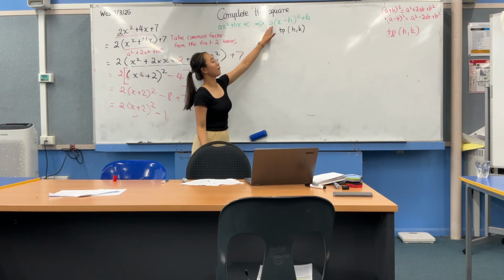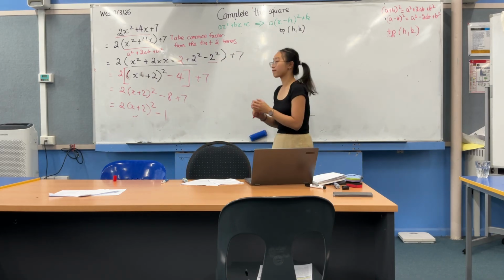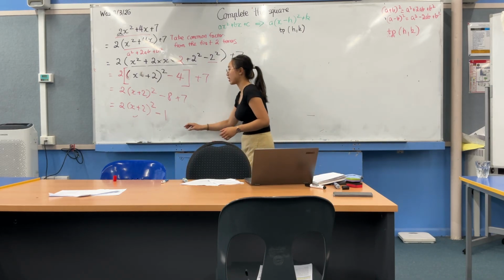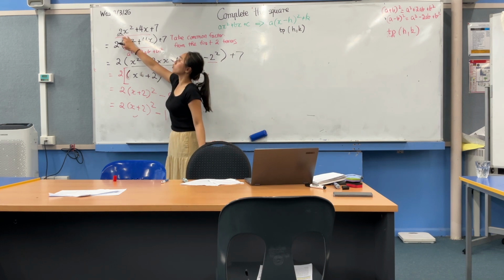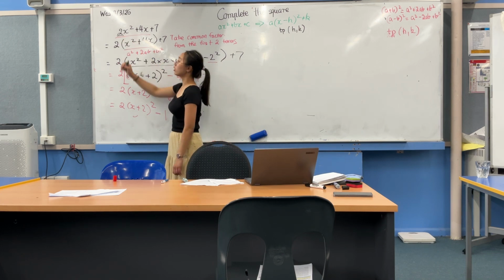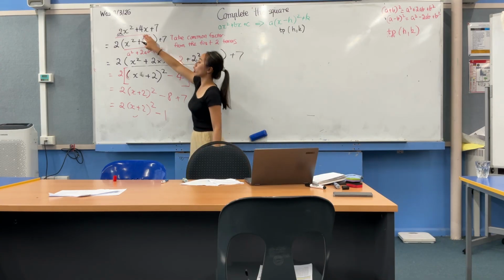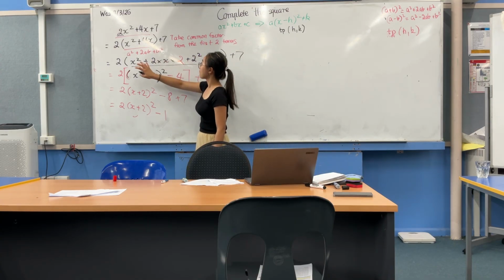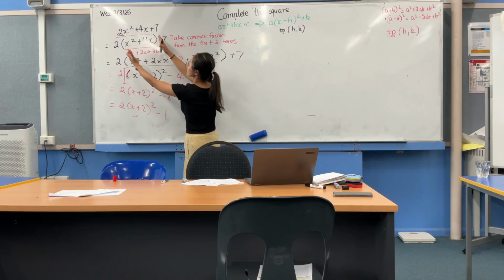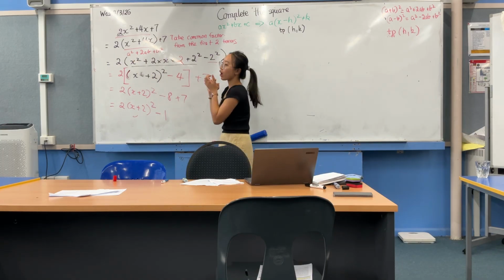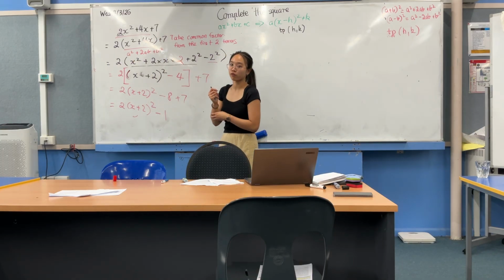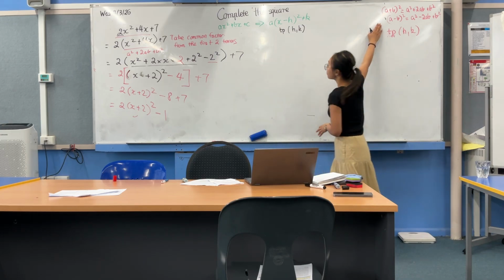Ready? Alright, what are my steps? My first step: if I see a coefficient which is not 1 in front of x squared, I will take the common factor out from the first 2 terms only. After I take it out, I'm going to complete the square for the bracket inside, following the perfect square formula, which is this.